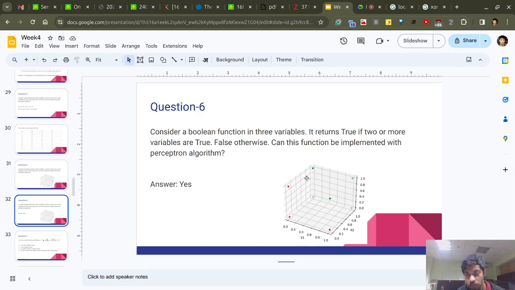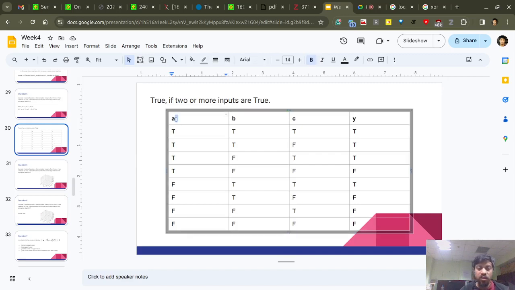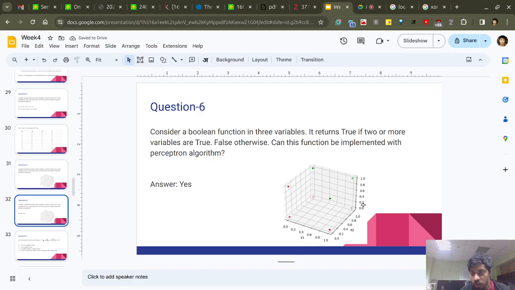Sir, can you please explain from the truth table how you draw this graph? Okay, so suppose this one is x1, this one may be x2, and this one is x3. Suppose x1 is 0 here, x2 is also 0 here, and x3 is also 0 here.